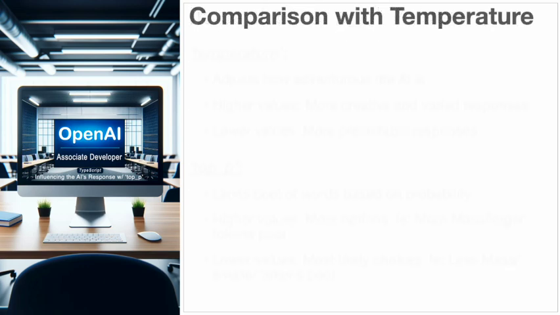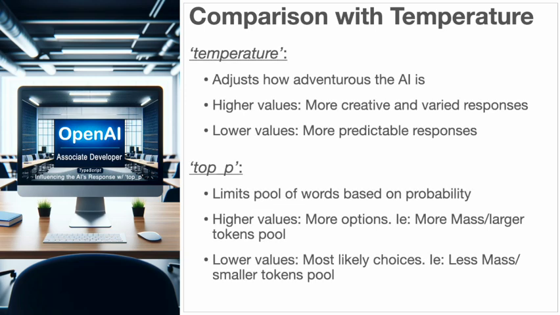Temperature adjusts how adventurous the AI is in its choices. Higher values lead to more creative and varied responses, while lower values make responses more predictable. However, top P limits the pool of words the AI can choose from, based on their probability. Higher values allow for more options, while lower values narrow it down to only the most likely choices.